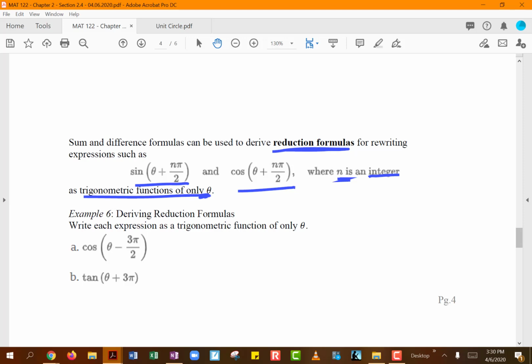So the sum and difference formulas actually come in handy also for those kind of examples. So let's look at number 6 over here. We've got for part A, cosine of theta minus 3 pi halves.